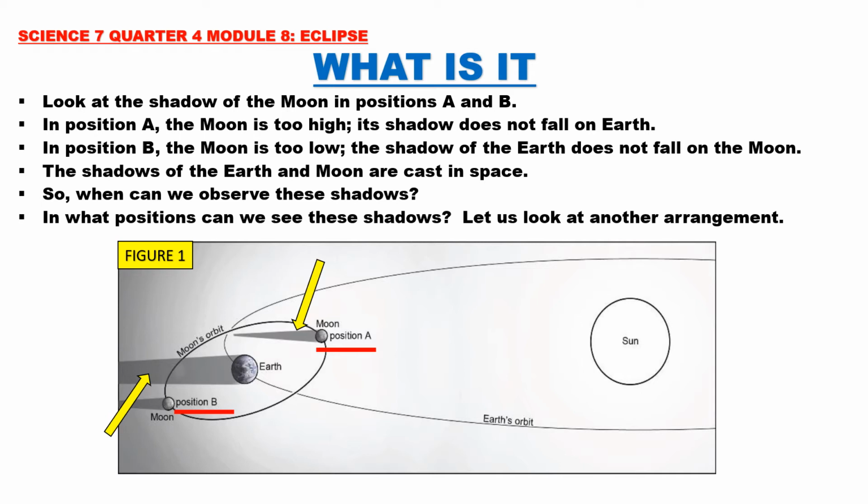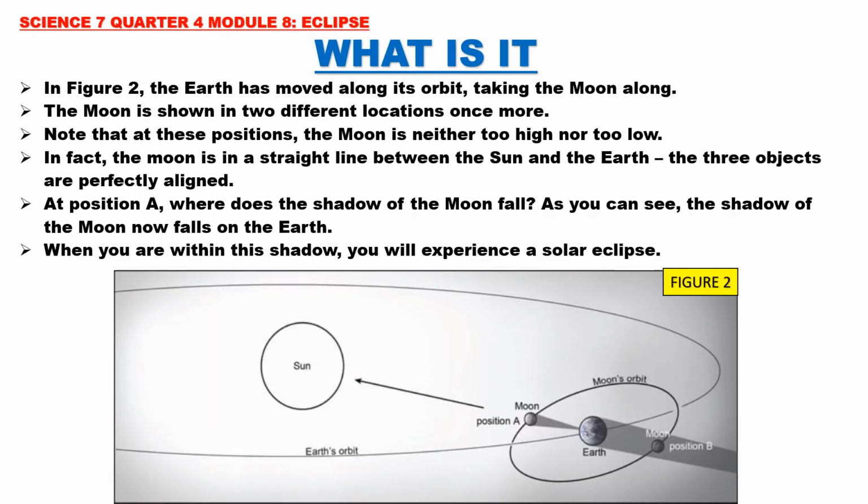Let us look at another arrangement. In figure 2, the Earth has moved along its orbit, taking the moon along. The moon is shown in two different locations once more. Note that at these positions, the moon is neither too high nor too low. In fact, the moon is in a straight line between the sun and the earth.